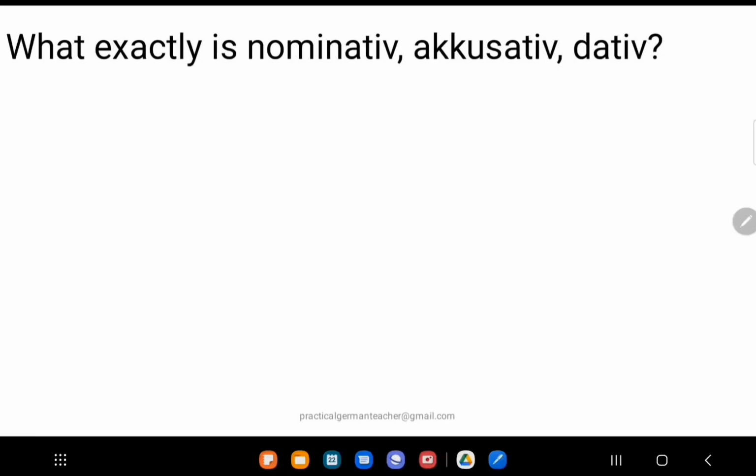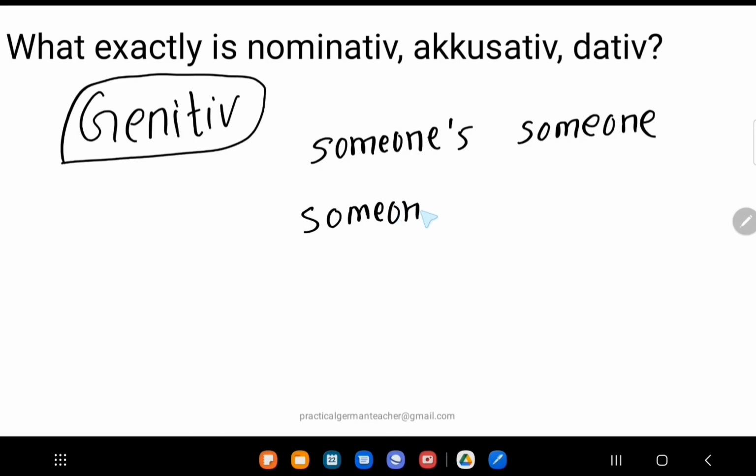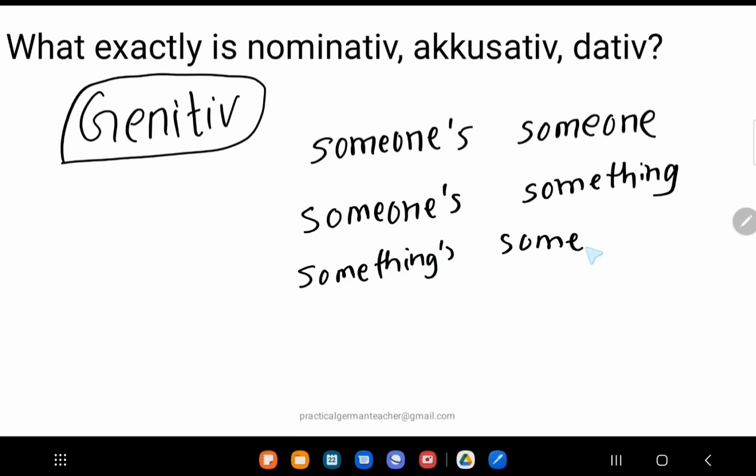Now, that was nominative, accusative, dative. When do you exactly have genitive? This is very easy to remember. Whenever your statement is like someone's something, or something's something.